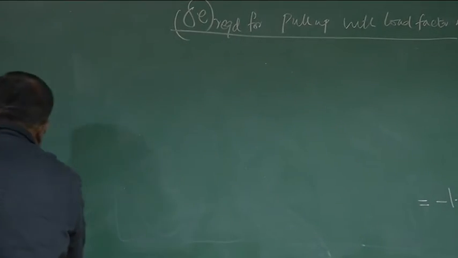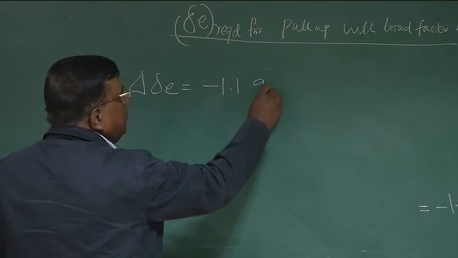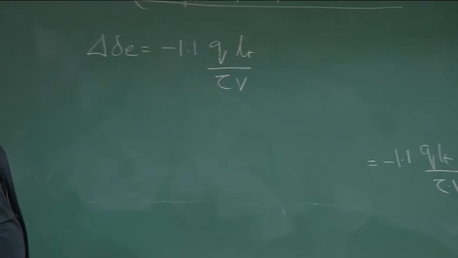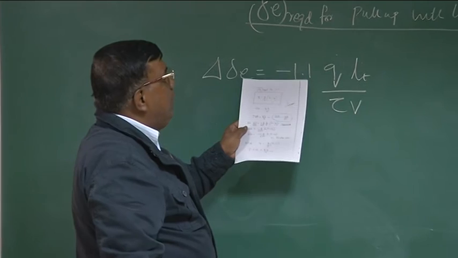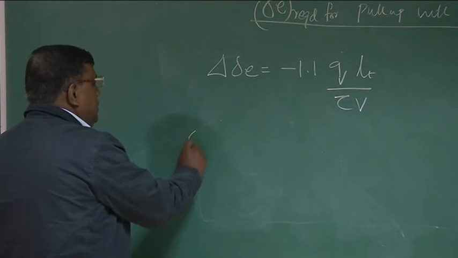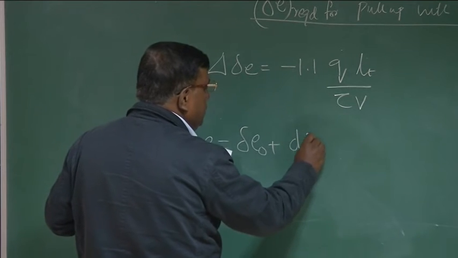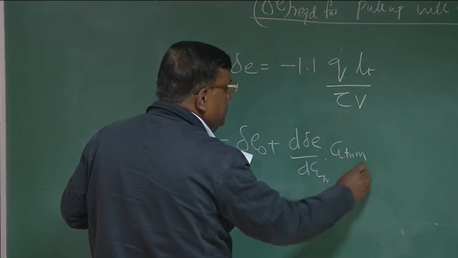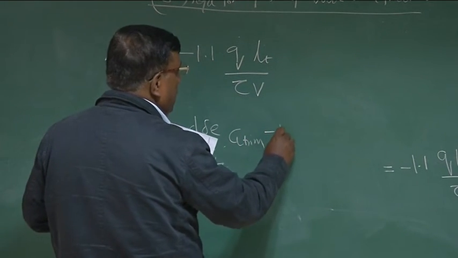What we have got is the delta E required to trim at maneuver is minus 1.1 q Lt by tau V. I repeat, the additional elevator deflection required for a pull-up by q is minus 1.1 Lt q by tau V, right? So what was it during cruise? It was delta E naught plus d delta E by dCL trim into CL trim, right? Now what will happen? Because of this q, I have to add this also.